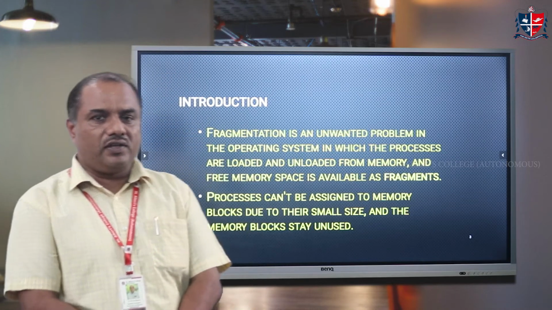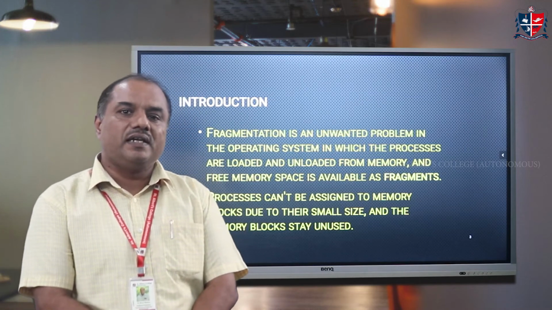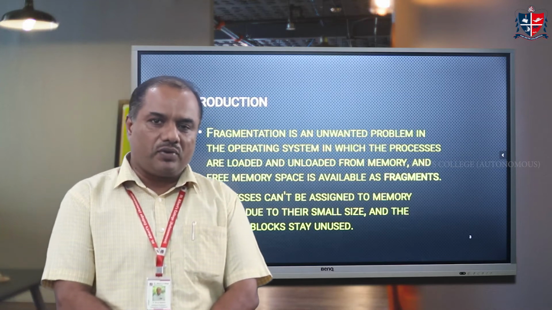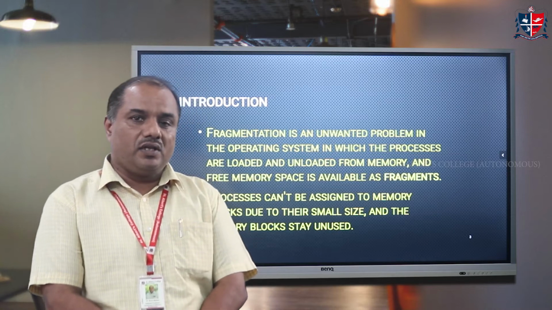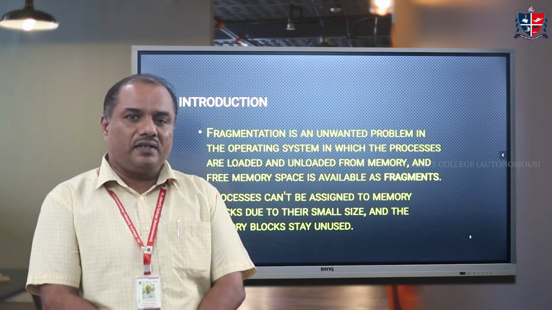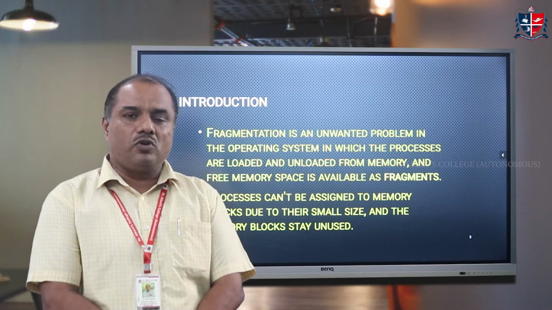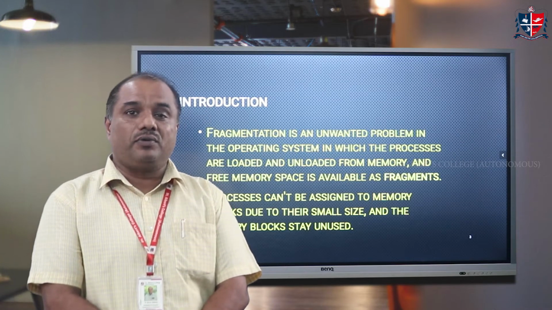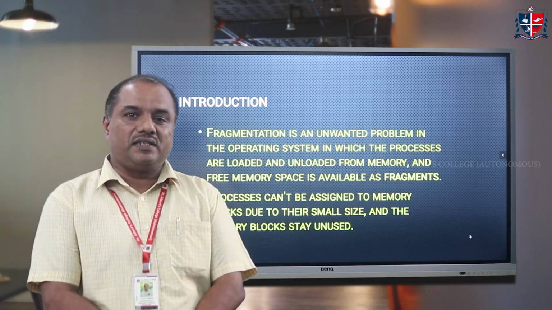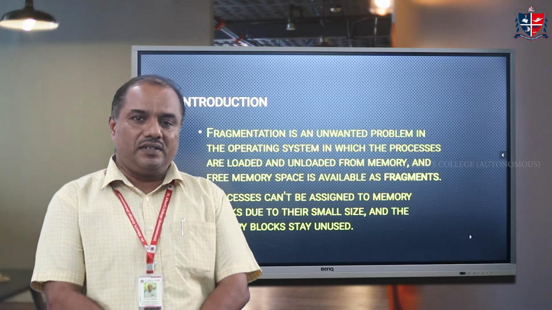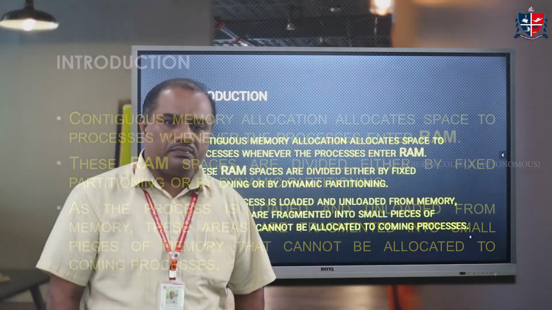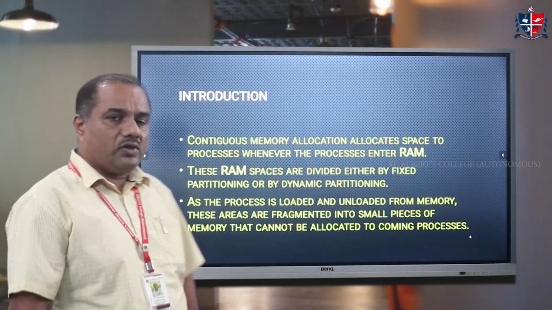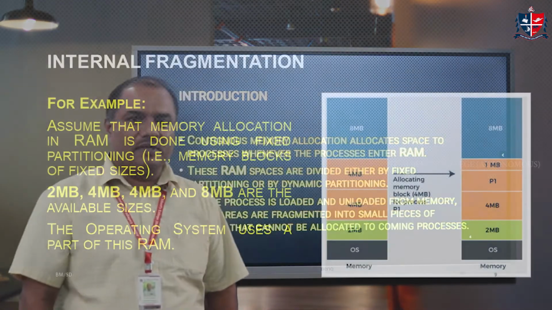So if we have small free spaces after the allocation of processes, let's say P1, P2, P3, P4, etc., all these processes, and then the remaining very small space that is unused, that is underutilized, is generally considered fragments, and the issue is called fragmentation. Now when the continuous memory allocation is done by the operating system, the process enters the RAM, that is the main memory.